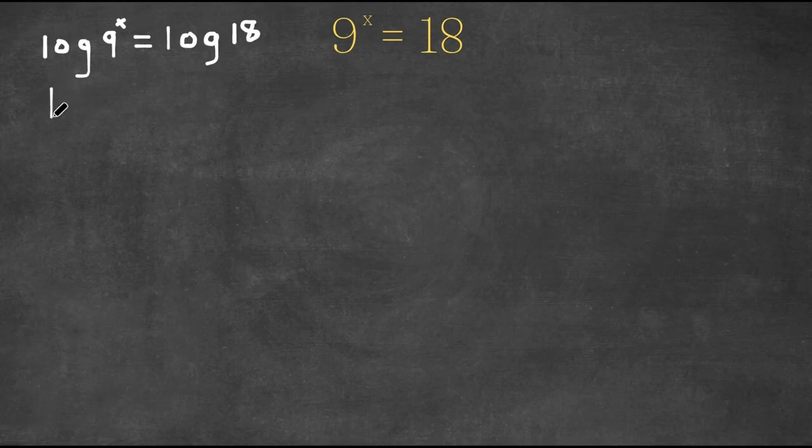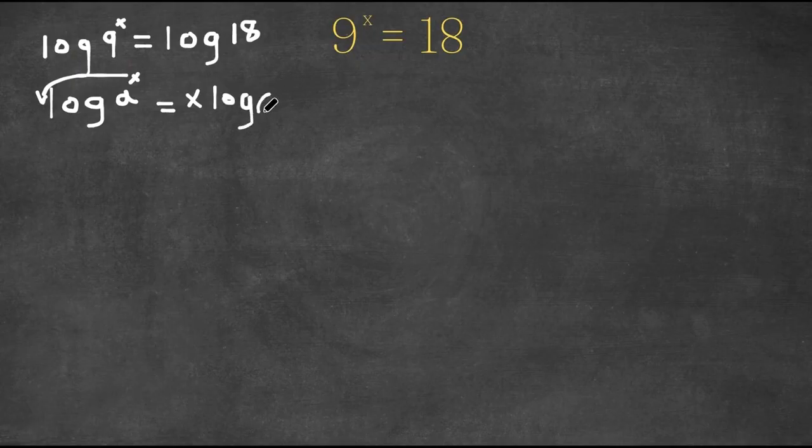So if we have something in the form log a to the power of x, this is known as a power property, and what it means is that we could actually move this exponent in front of the log, meaning this would also equal x log a.